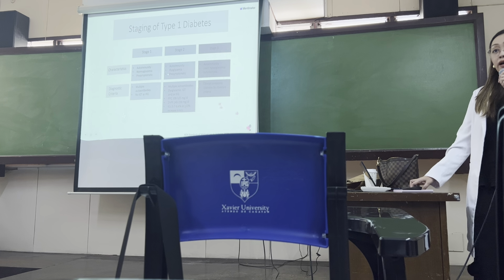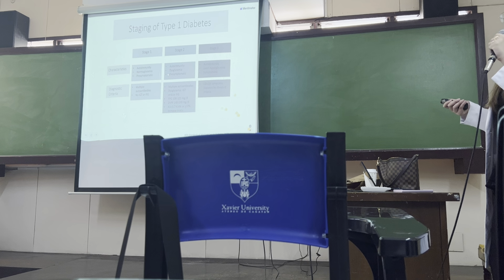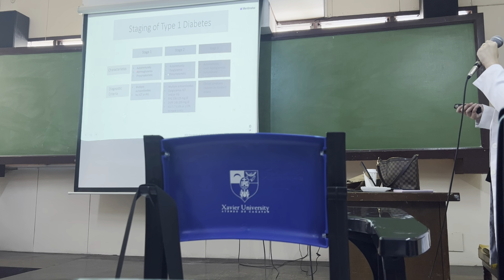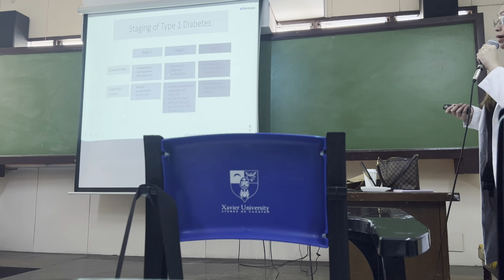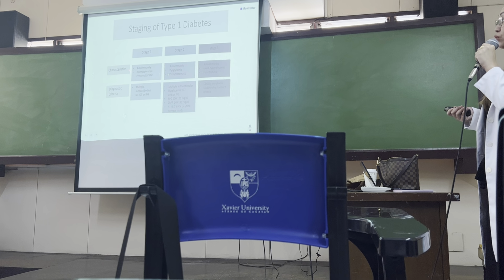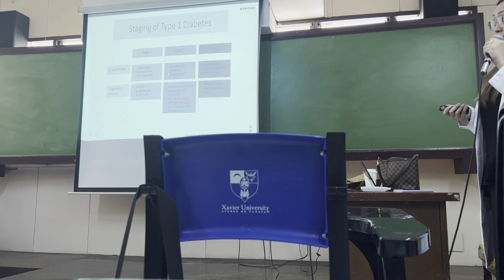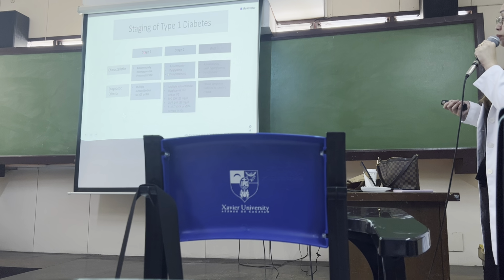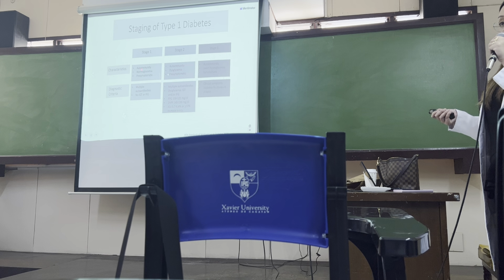So, there are actually only 3 stages of type 1 DM. I'd like you to take note of the similarities and differences. All of them, since type 1 DM, have the presence of autoantibodies. The difference would be in the sugar levels and the symptoms of the patient. For stage 1, the patient is asymptomatic with normal laboratory tests.